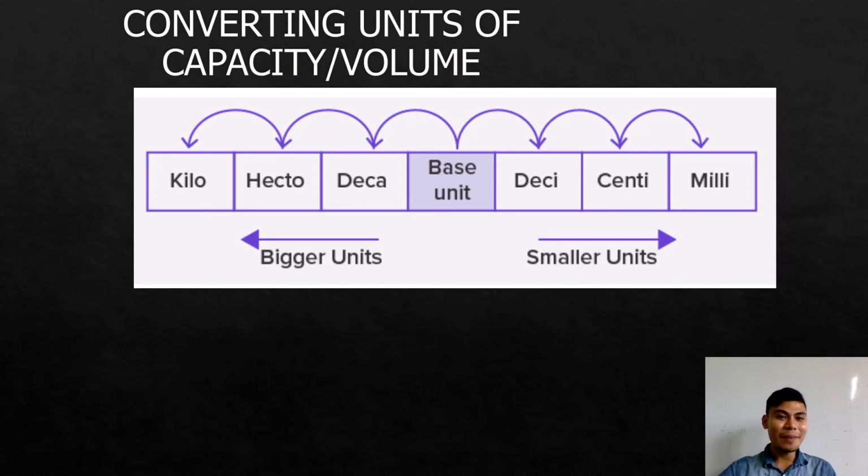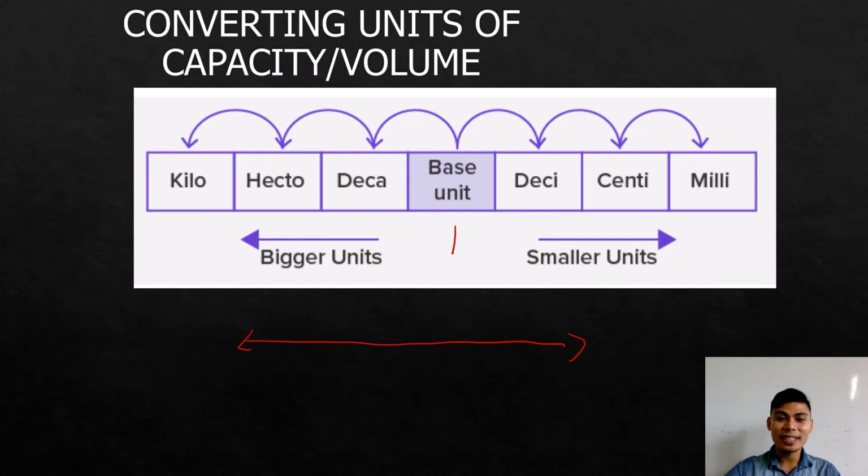Now let's talk about converting units of capacity or volume. If we talk about capacity or volume, in metric system, we have liters. So the same concept pa rin, di ba? If you know how to convert units of length, meters, unit of mass or weight, the gram. Now, of course, easy lang po for the liters.